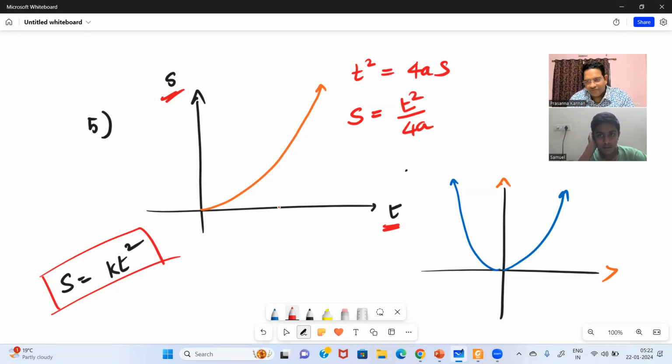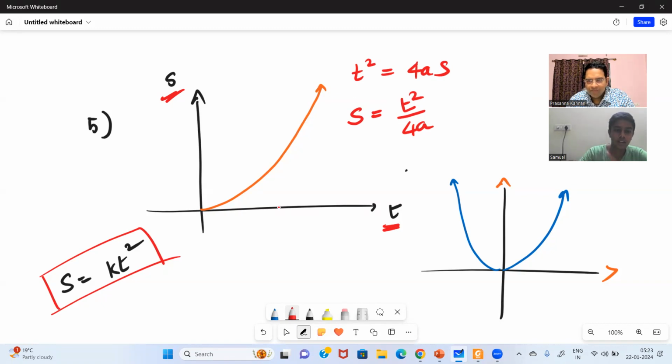Constant, you can take it as 5, 4, whatever, just for getting to a decision on what motion this represents. Is it non-uniform motion? If so, tell me why, and then tell me specifically what kind of non-uniform motion it is. If not, why not? So all that you should say.